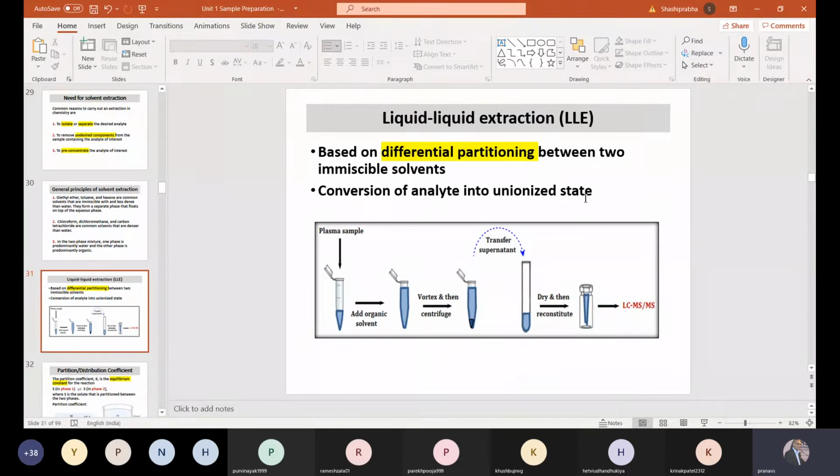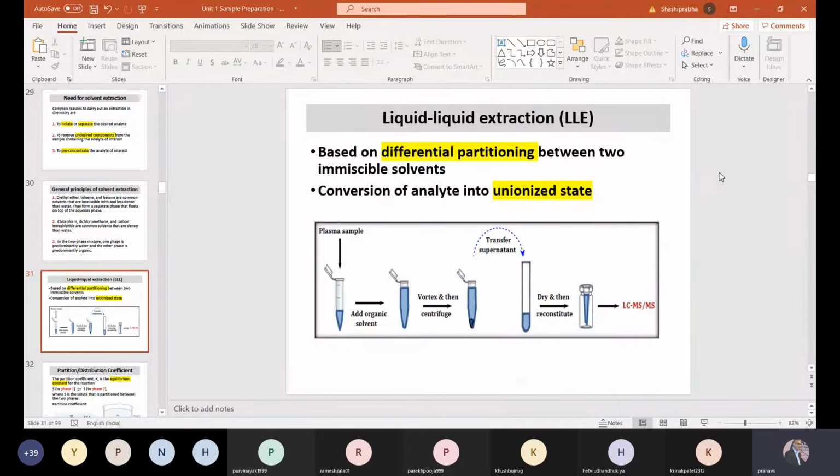What does that mean? This means that when we extract anything from the aqueous phase to the organic phase, we know that ionic species do not exist in organic phase. They exist in polar aqueous phase.